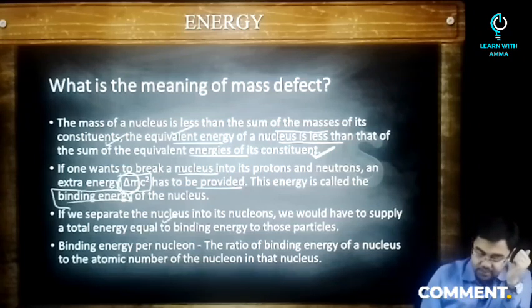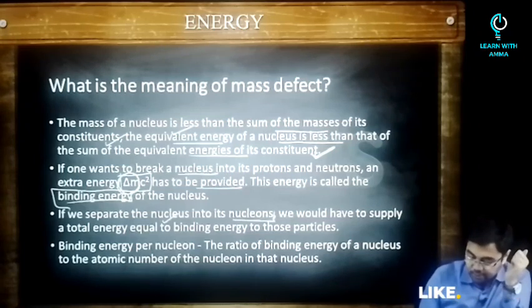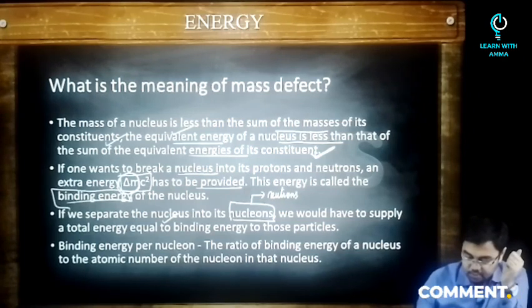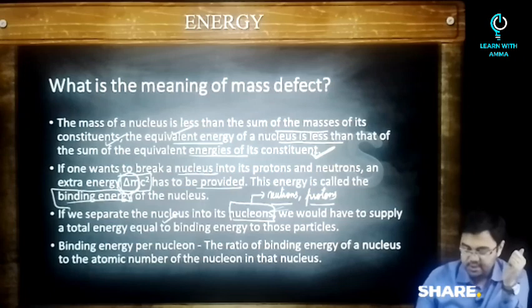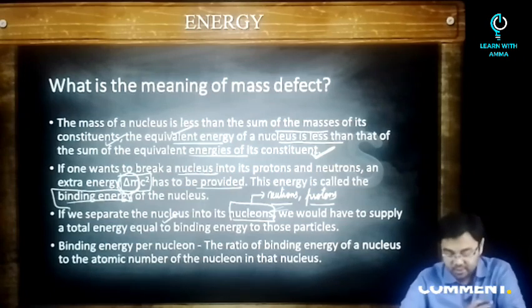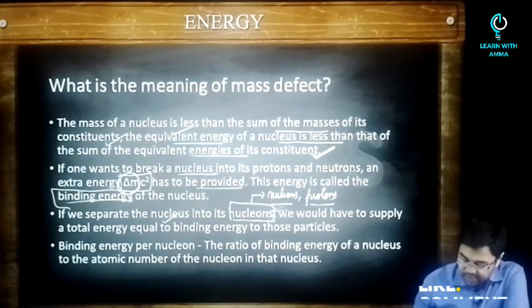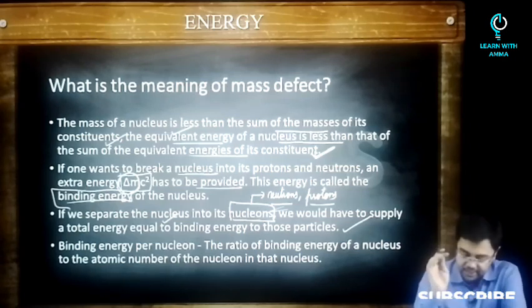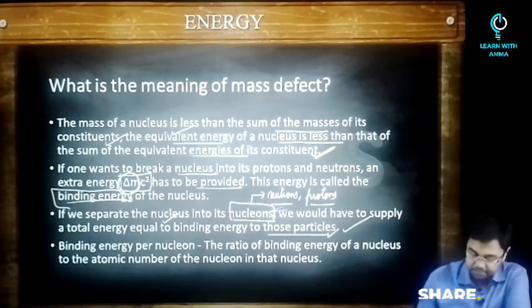So if we separate the nucleus into its constituent nucleons, nucleon being the word I use for either neutrons or protons, we would have to supply a total energy equal to the binding energy of those particles.